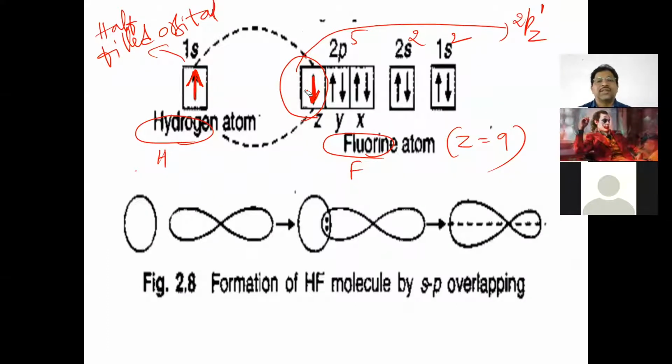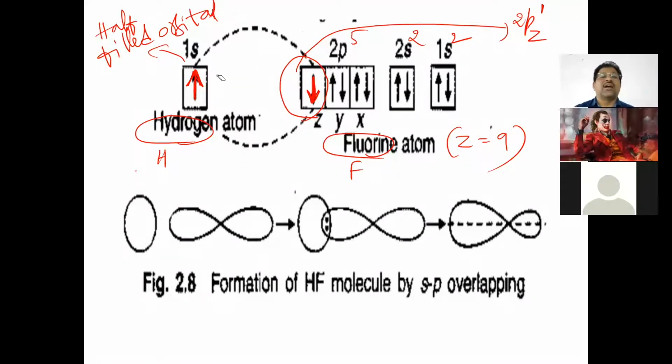From two atoms, the half-filled orbitals from the valence shell, meaning the outermost orbit, will overlap with each other to form a chemical bond. That is the VBT concept. Which type of orbitals will overlap?